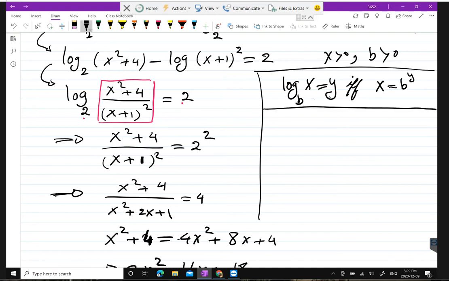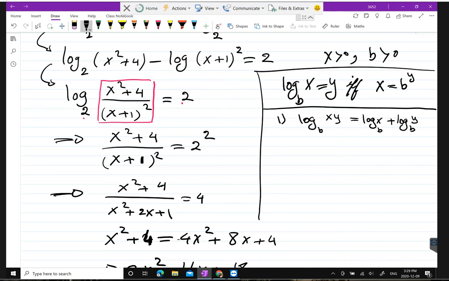And according to this definition, you can prove, as I did in our class several times, number 1: the logarithm of x times y base b is the logarithm of x base b plus the logarithm of y base b.